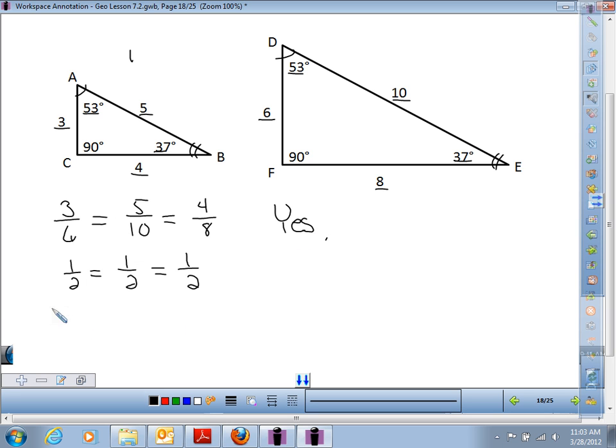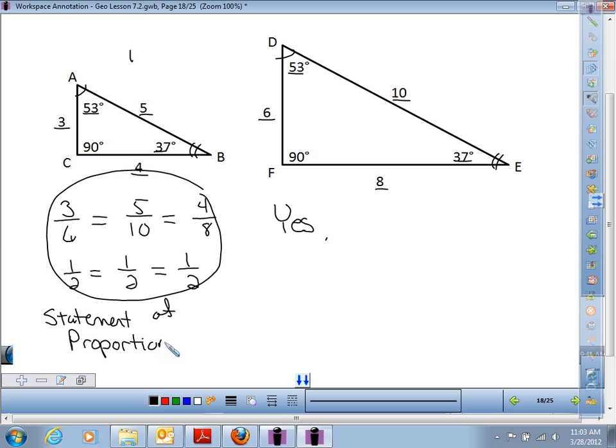Now, we did this right here. Remember, this is the statement of proportionality. You do not need to write statement of proportionality, but you do have to actually write the numbers out. This is what I would expect with you. Okay. But that's the statement of proportionality. So yes, they are. Let's write a similarity statement. Let's call that guy triangle A, B, C, similar to, meaning our squiggle, triangle.